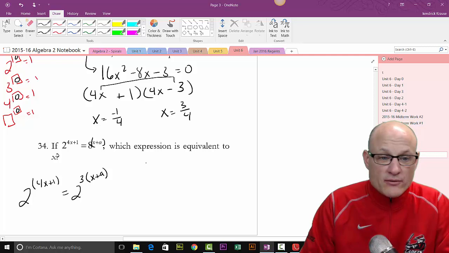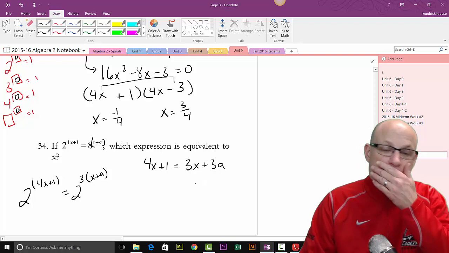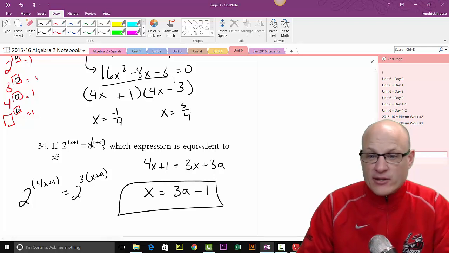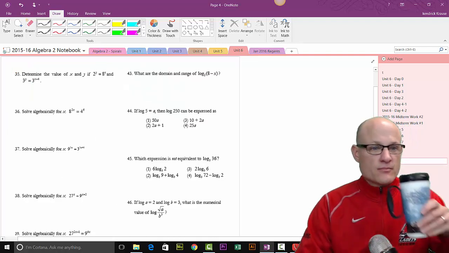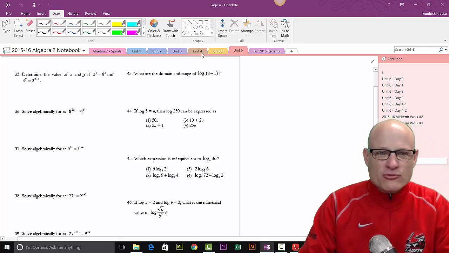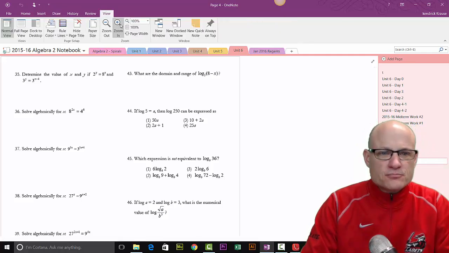So we'll let 4x plus 1 equal 3x plus 3a. If I bring this 3x over, I get x equals 3a minus 1. So if it was multiple choice, that's what the answer would be. That was gross, I'm sorry.